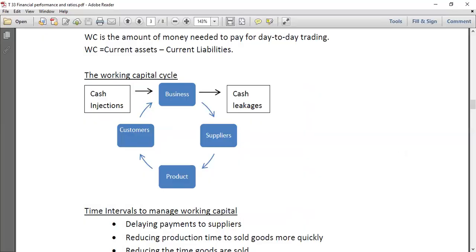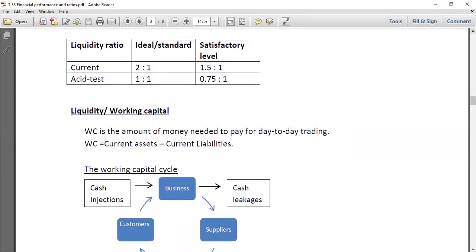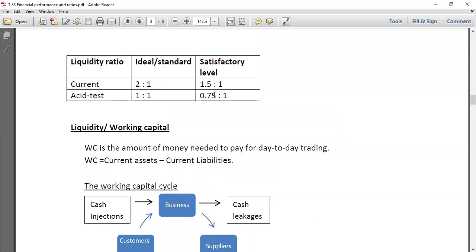Normally the ideal current ratio should be 2:1, and the satisfactory ratio should be 1.5:1. Whereas the ideal acid test ratio should be 1:1, that is one quick asset to one current liability. However, the satisfactory level is 0.75:1.